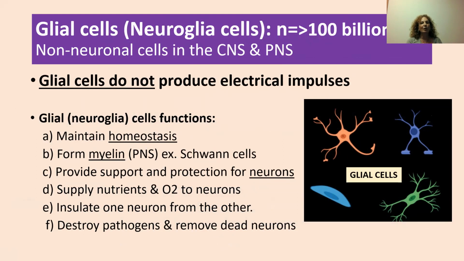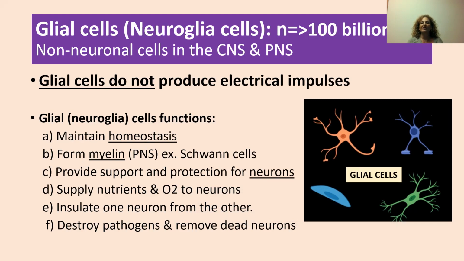What does that mean, to support? First of all, they maintain homeostasis in the whole system. They form the myelin sheath, for example, the Schwann cell, and in the central nervous system, the oligodendrocyte. They provide support and protection for the neuron cells. They supply the nutrients and the oxygen for the neuron cells.